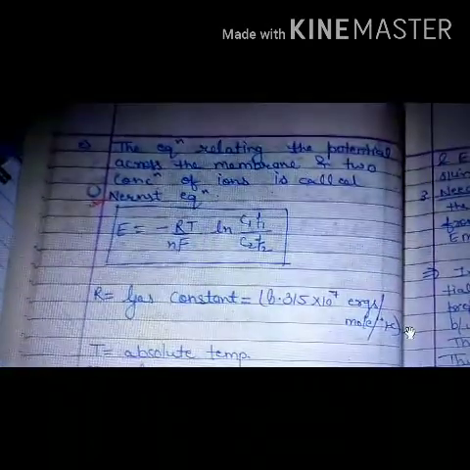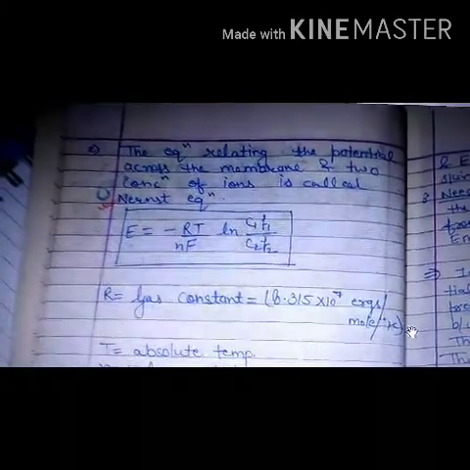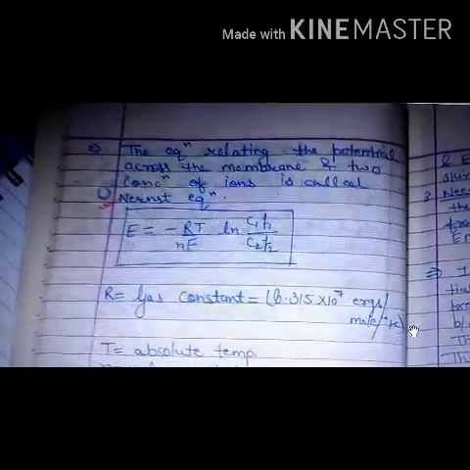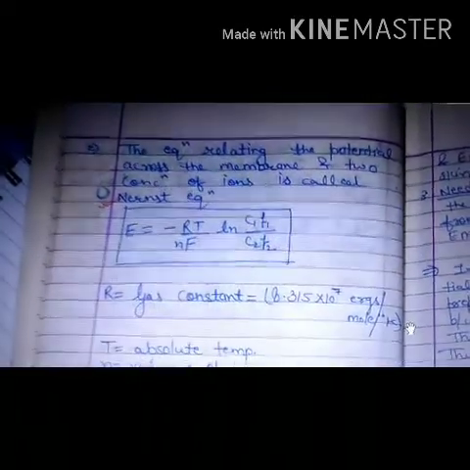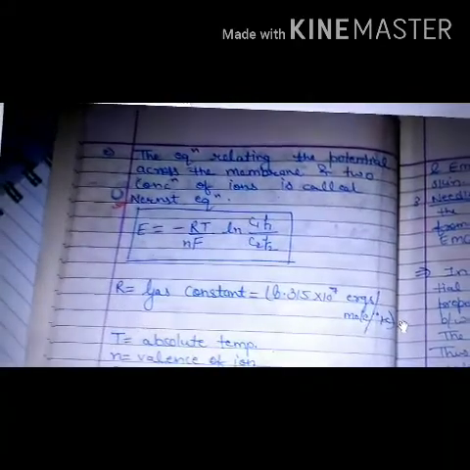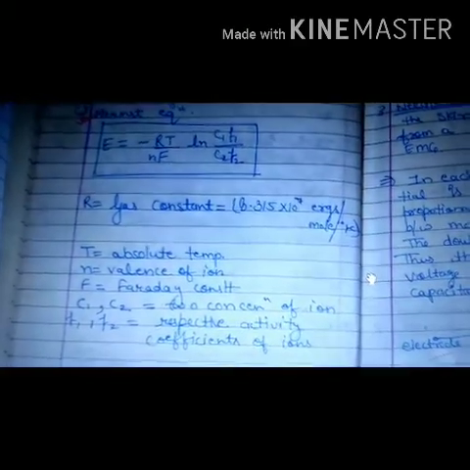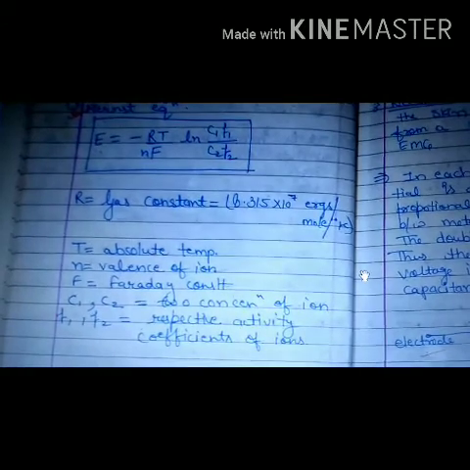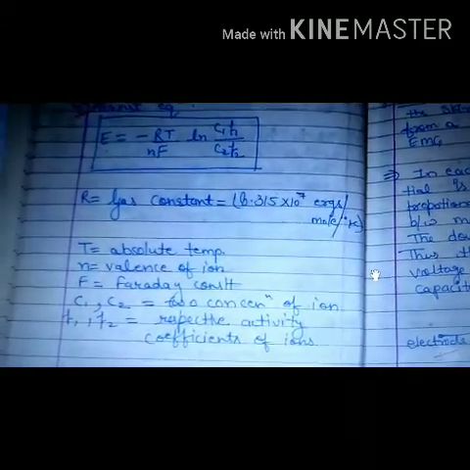The equation is given here as the potential E equal to minus RT upon NF, natural log of C1 F1 upon C2 F2. The different parameters in the equation are explained as follows, where R is the gas constant and its value is 8.315 into 10 to the power 7 ergs per mole per Kelvin.